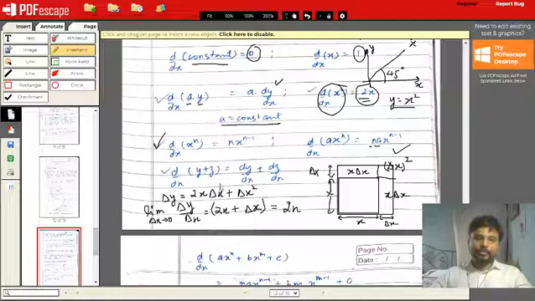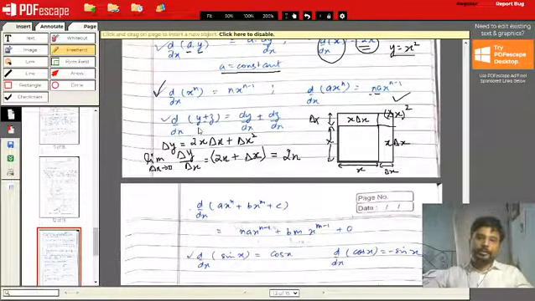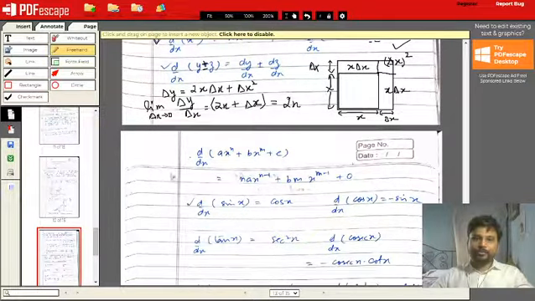Next, what if there are two terms y and z, being subtracted or added, then what would be their differentiation? Then we can say dy by dx plus or minus dz by dx. Let's say we have to differentiate ax to the power n plus bx to the power m plus c. d by dx of this is to be done.